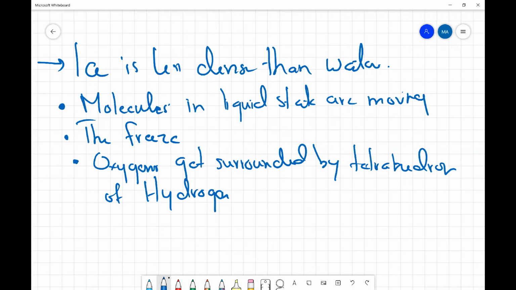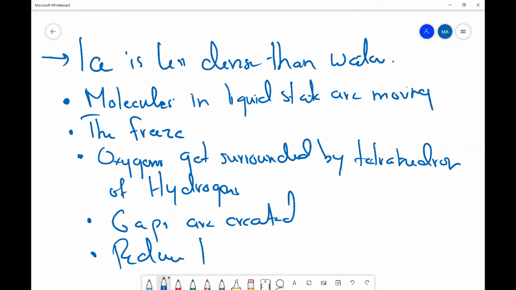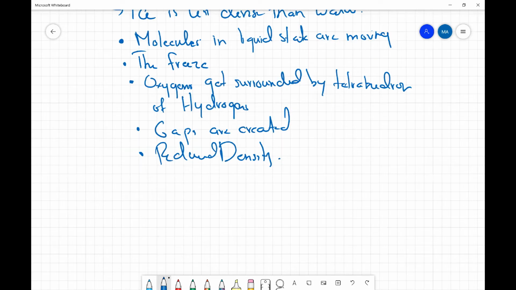Then, because of that tetrahedron structure, gaps are created. And those gaps reduce the density. Reduced density, finally. This is why ice has lesser density than water.